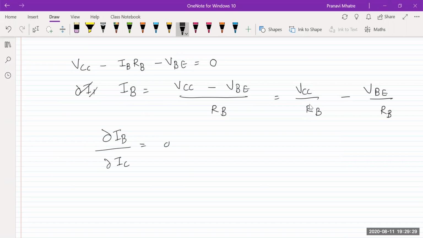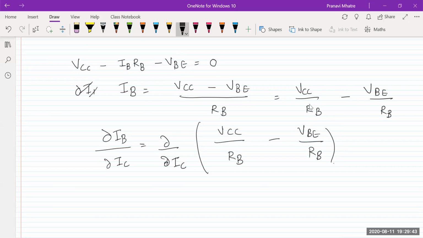That means I need to take the derivative of this expression with respect to IC: VCC upon RB minus VBE upon RB. So VCC is a constant, VBE is a constant value, RB value is also a constant value, not changing with respect to temperature or with respect to your IC. So your entire derivative comes out to be 0.